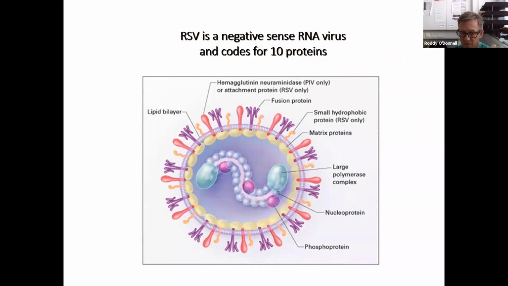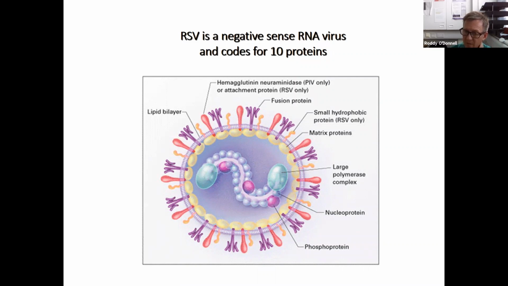So the fusion protein and the attachment protein, the G protein, show a lot of variation between different virus strains because they're under continuous antigenic pressure from our immune system and antibodies. So they're very highly variable proteins.